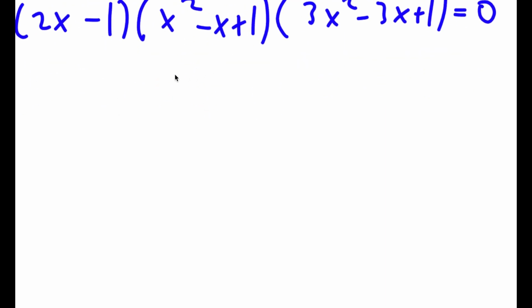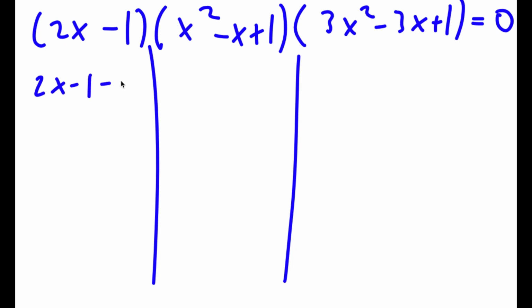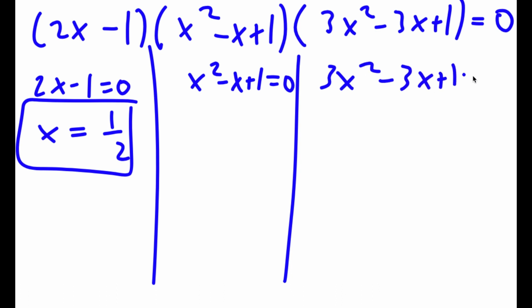So now this gives me three different equations. I have 2x minus 1 is equal to 0, meaning x is equal to 1/2. I have x squared minus x plus 1 is equal to 0. And I have 3x squared minus 3x plus 1 is equal to 0.